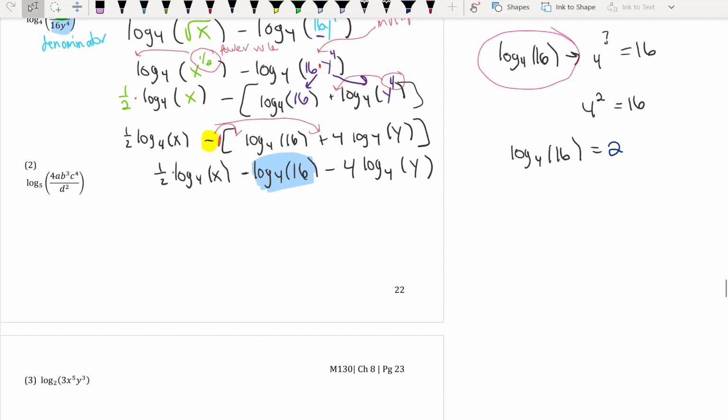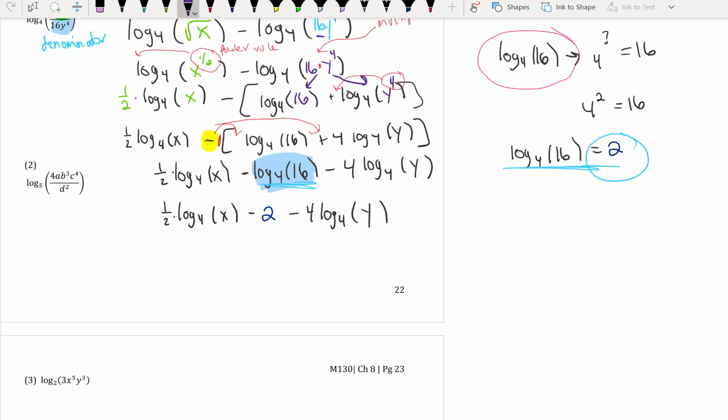So now, really, my final answer is 1/2 log base 4 of x minus, and remember, we did this work over here, log base 4 of 16 is really equal to 2, minus 4 log base 4 of y. And so that ends up becoming my final answer.